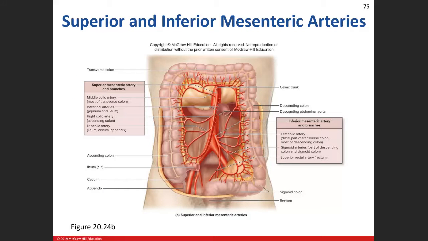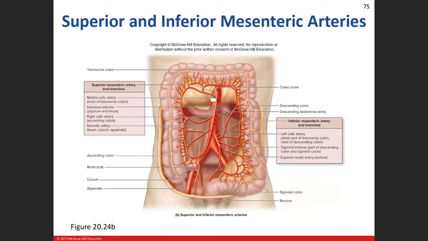So just a quick look here at the superior and inferior mesenteric artery branches. So here is our superior mesenteric artery. As we follow it down, you can see all these tiny little branches here. Those are the intestinal branches, and all these go off towards the ileum and the jejunum.